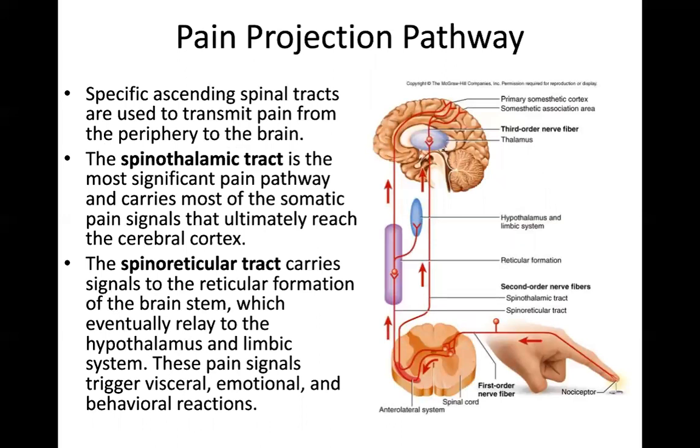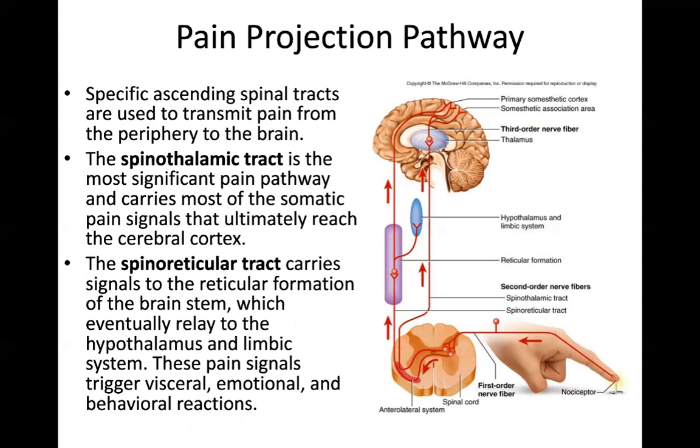Now, when we experience pain, we carry that information to our brain via specific ascending spinal tracts. 2 major ones I want to talk about are the spinothalamic and spinal reticular tract.